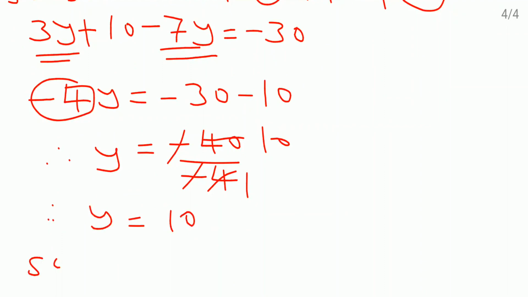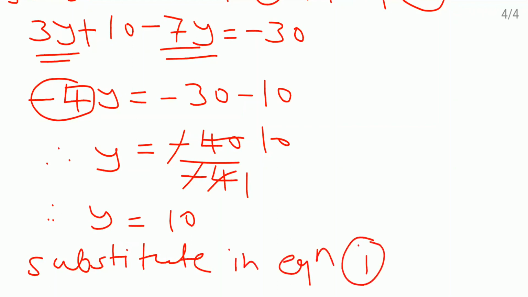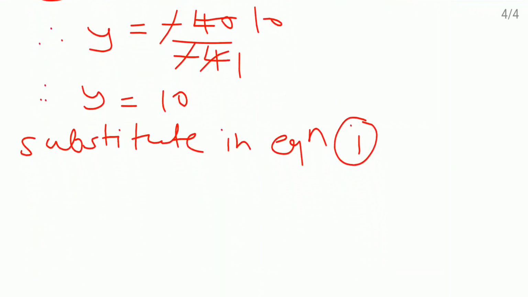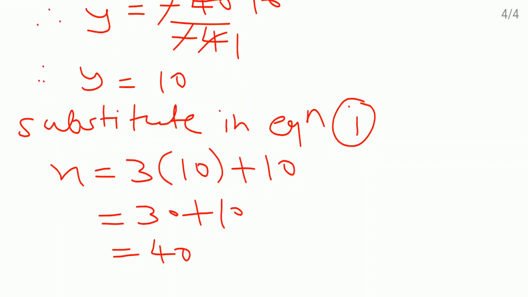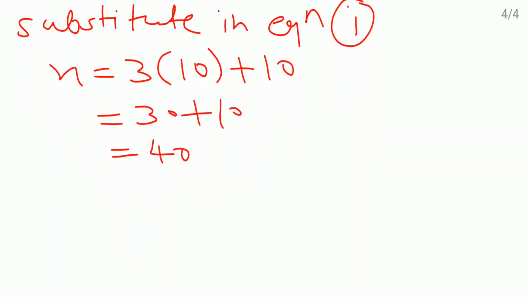Now once again this value of y we will substitute in equation 1. Now see here. Equation 1 is what? x is equal to 3y plus 10. y is 10, so it is 30 plus 10, which is equal to 40. Correct? So here I got the value of x, I got the value of y.